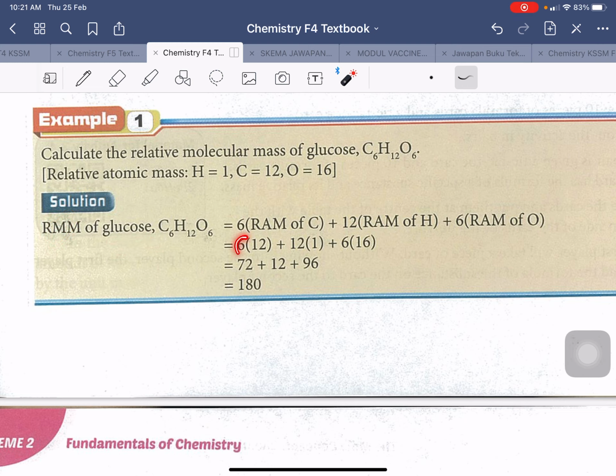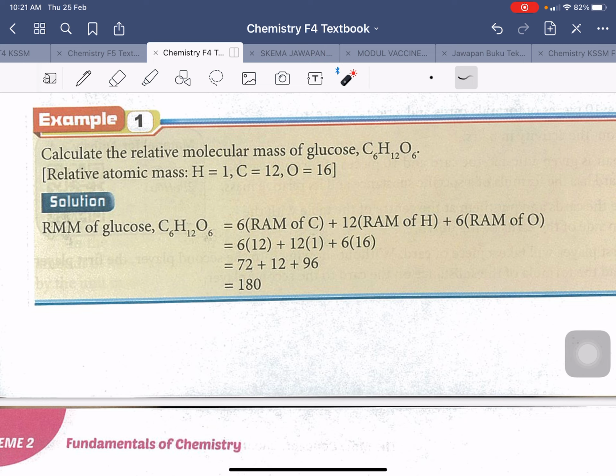So ada 6 biji carbon. Carbon punya RAM berapa? Ni sudah diberi di atas. Kalau tiada diberi di atas, you can find in the periodic table of element. So 12, masukkan 12, RAM of C. Kemudian ada 12 biji hydrogen. Okay, 12 biji. Berapa RAM untuk hydrogen? 1. Masuklah 1.